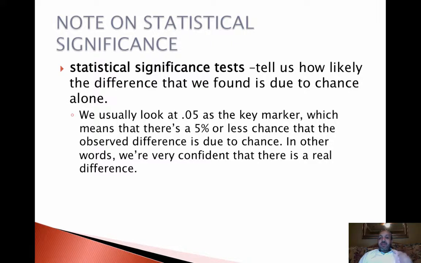You have to do a test, a statistical significance test. It's essentially a formula that informs you whether or not, if you were to continue to do this study, you'd get the same result. It might be that the difference that you found is just a product of the sample. It's just chance.